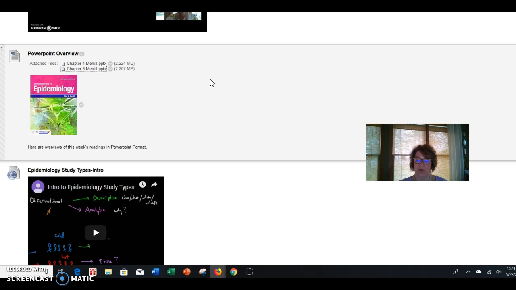All those ethical components are so critical as we look at the different types of study design.